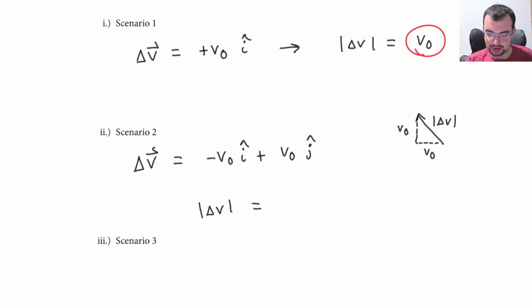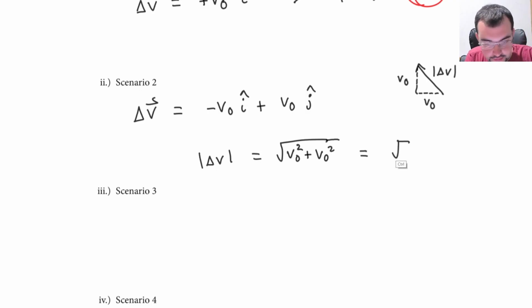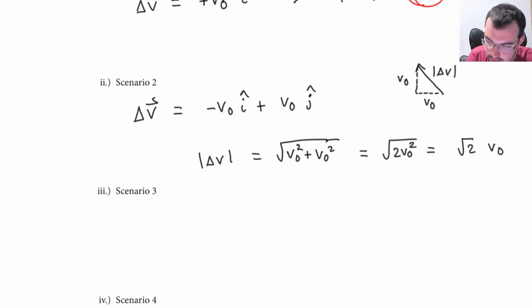Because its legs are the same. Now we could just do this, right? So I get 2 copies of v0 squared under the square root, so this would just be root 2 v0. This is a common thing to know, right? If your right triangle legs are the same, the hypotenuse is just root 2 times one of the legs.